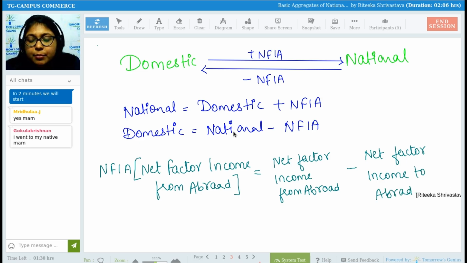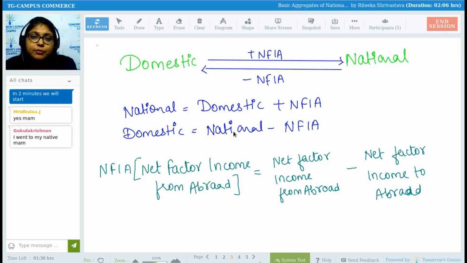That means from abroad means the income which we are receiving or which we are getting from the foreign countries. To abroad means the income, the payment which the home country is making to the foreign country. So if we deduct net factor income to abroad from net factor income from abroad, we will get NFIA, that is net factor income from abroad.